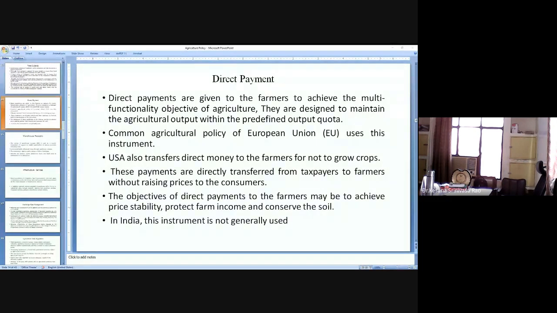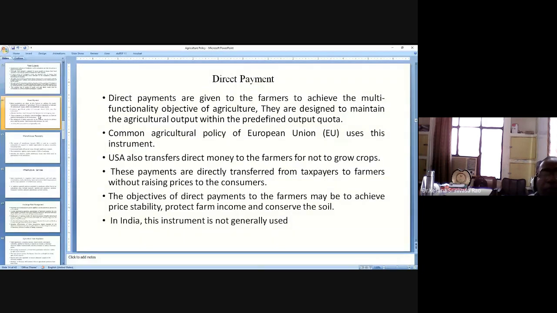These payments are directly transferred from taxpayers to farmers without raising prices to the consumers. So the government declares this type of direct payment system to the farmers.